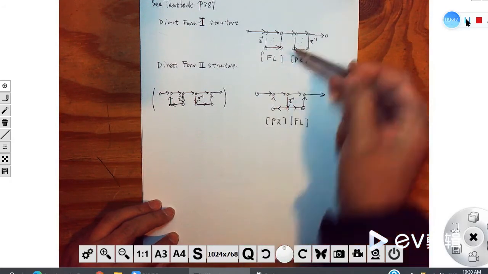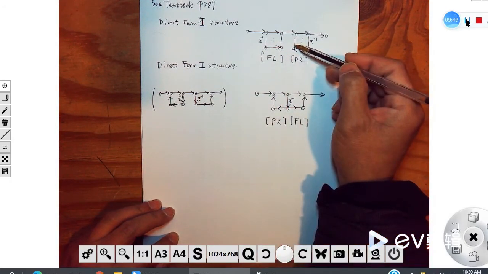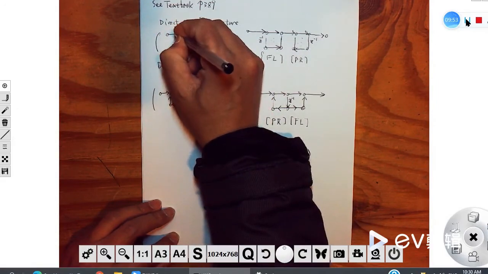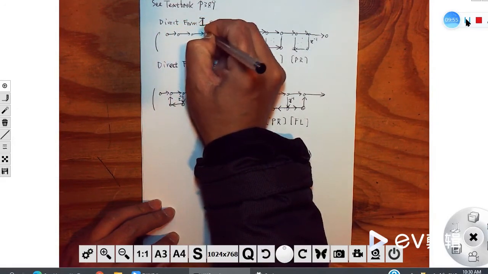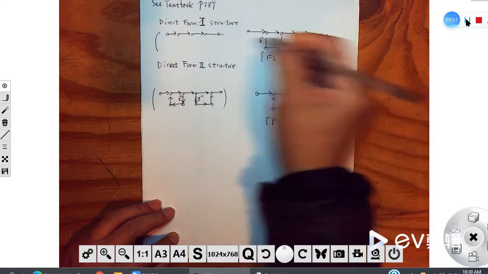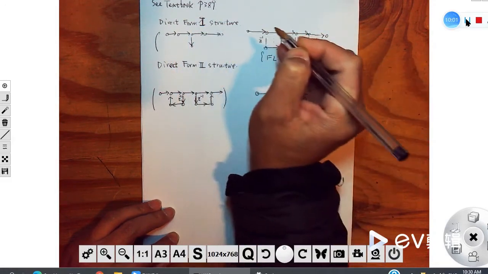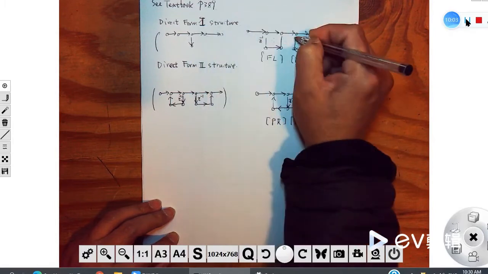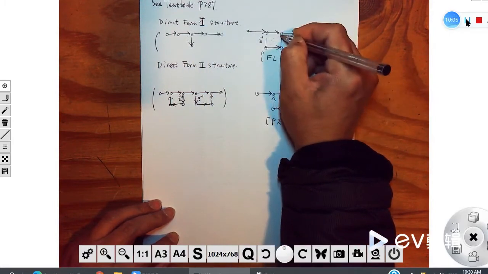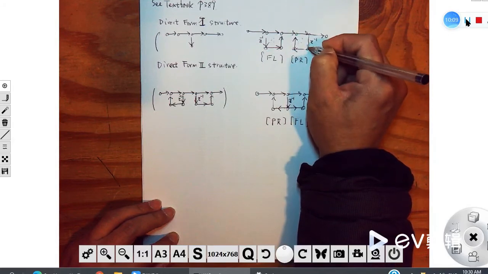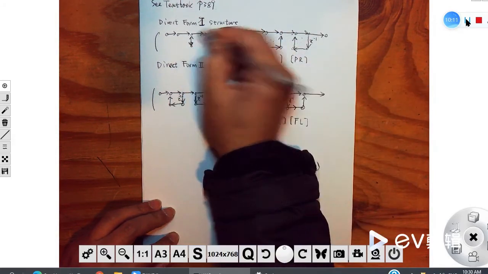Actually, this one we can also merge, the same way. We can also merge the middle part together. In the wrong direction, sorry, this way. This is upward.